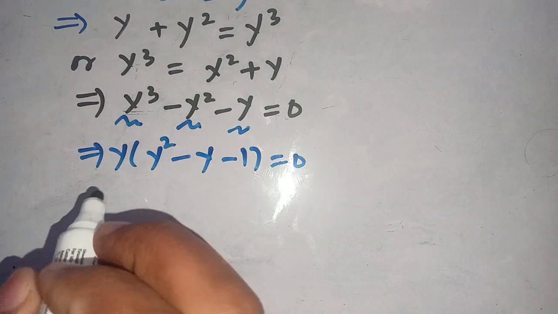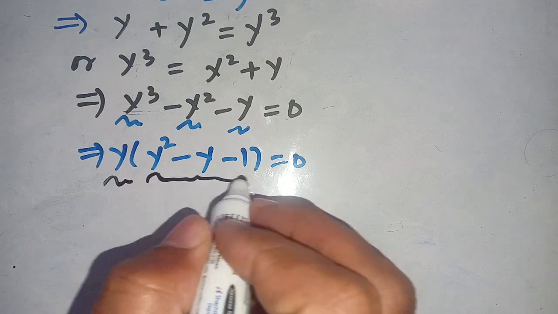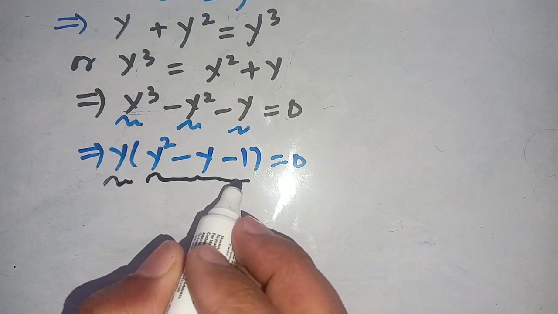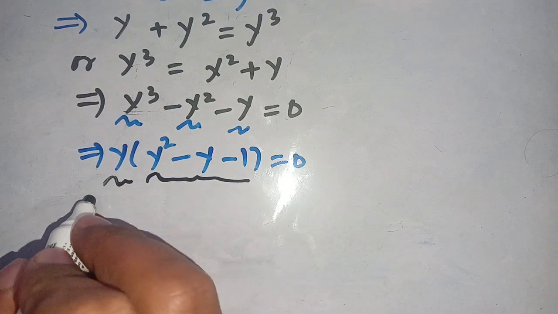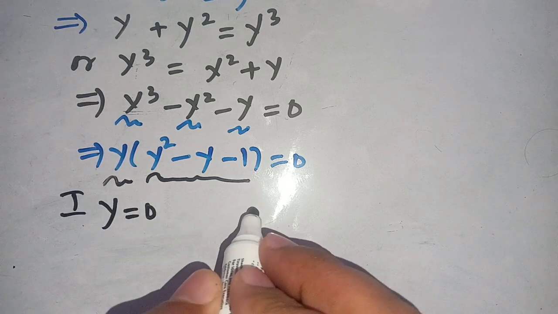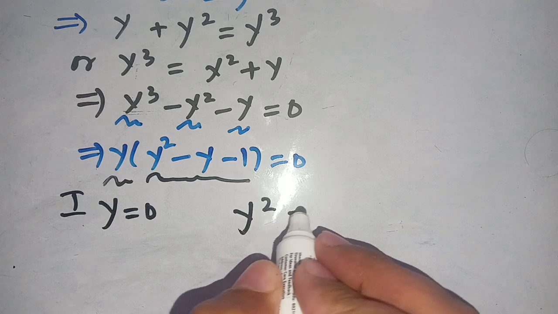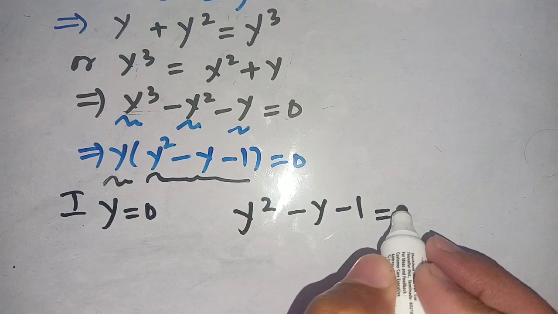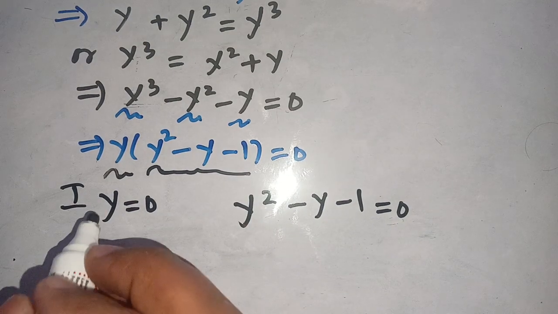Now here are two terms. The first term is y and the second term is y^2 - y - 1. On equating both terms to 0, the first is y = 0 and the second is y^2 - y - 1 = 0.